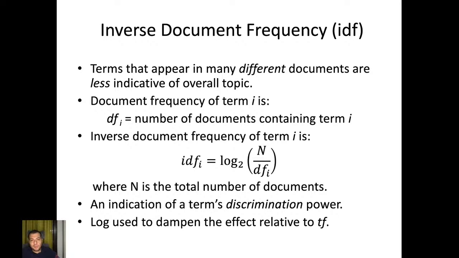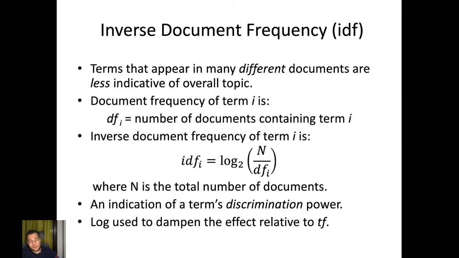So we can think of using the document frequency, computed as the number of documents containing a term i. Then we can normalize the term frequency by multiplying it with the inverse document frequency.